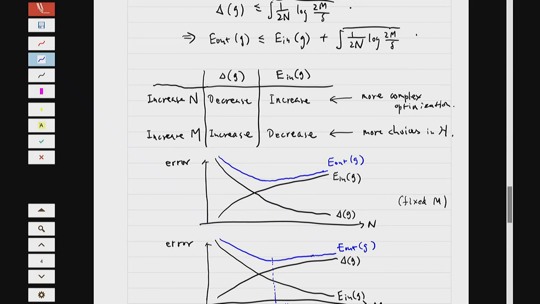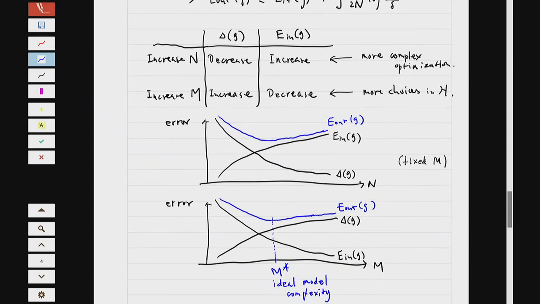But nevertheless, this will still apply. This issue of model complexity, as you go from a simpler model to a more complex model, the E-out will still go down and go up, whether this M is infinity or not. You should know by now the different levels of infinity, right? Some infinities are bigger than other infinities.